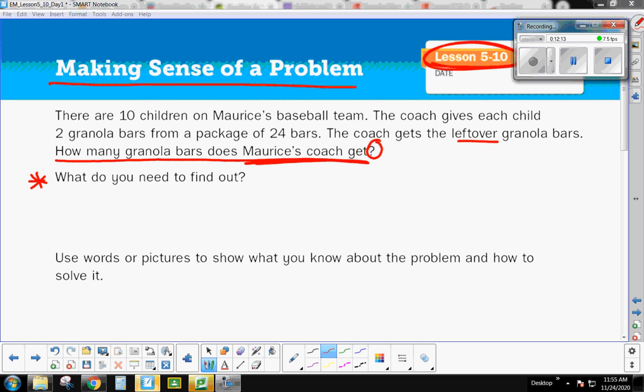Okay. Now, I want you to use words or pictures to show what you know about the problem. So when you're drawing your pictures, here's what you know. You know there are 10 children on the team. So find a way to represent those 10 children. You know that the coach gives each child 2 granola bars from a package of 24.